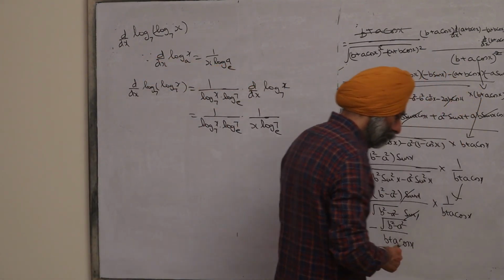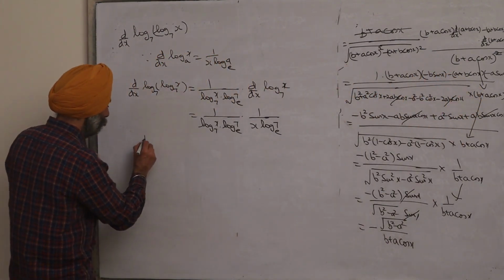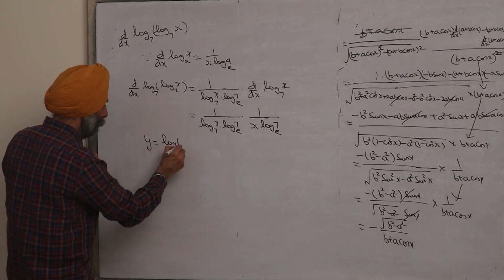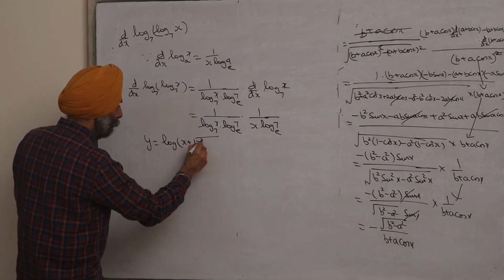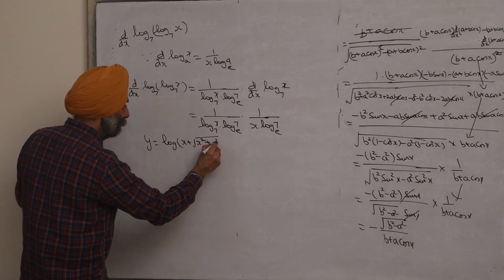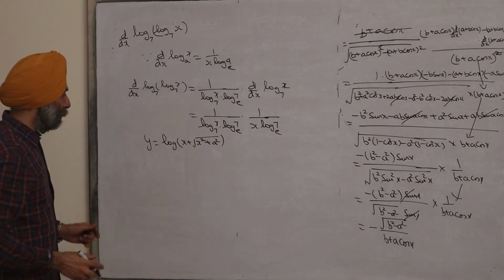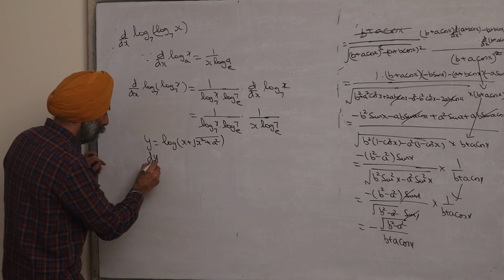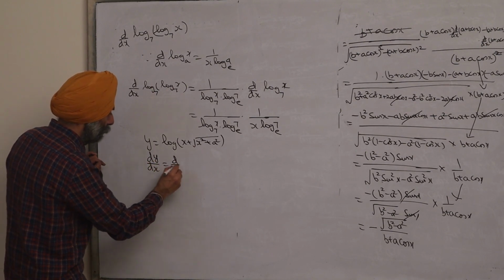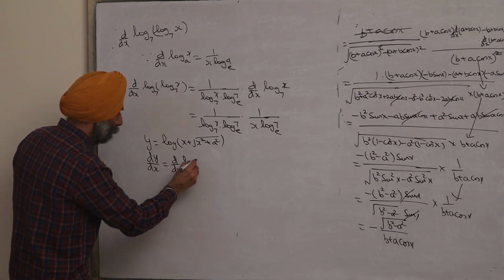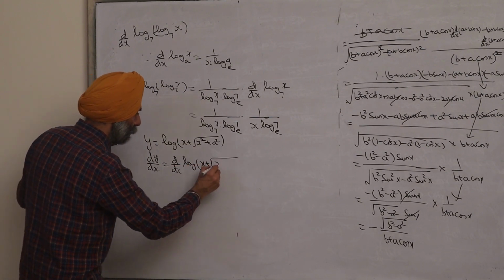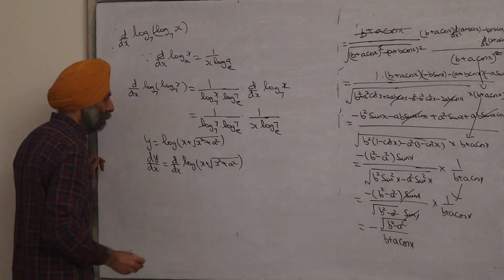Similarly, let us consider another function. Say we want to differentiate y is equal to log of x plus under root of x square plus a square. So this is the function. dy over dx is d over dx of log of x plus under root of x square plus a square.